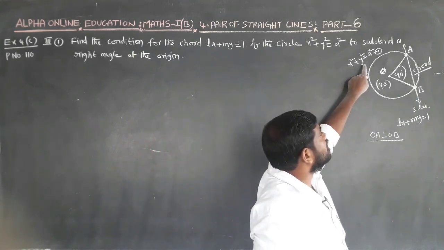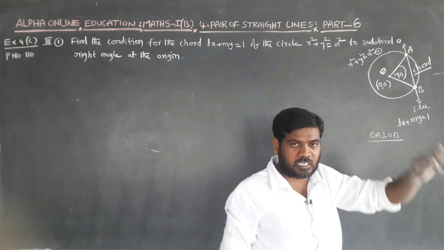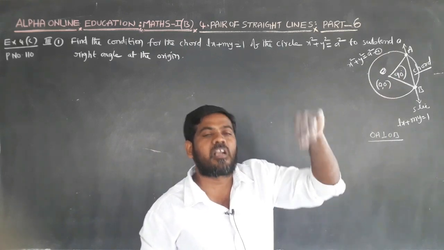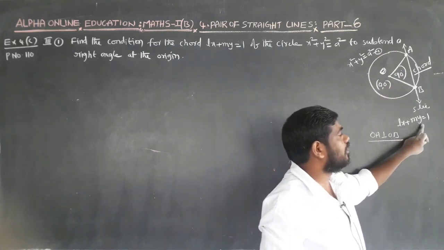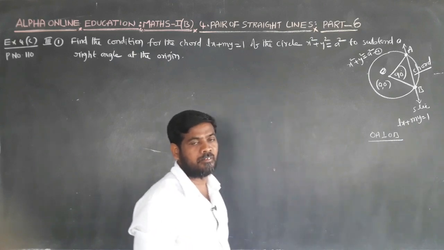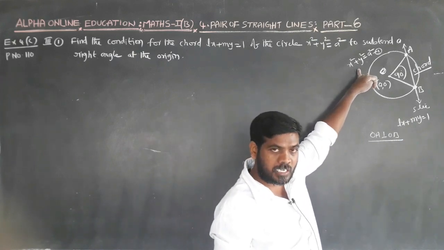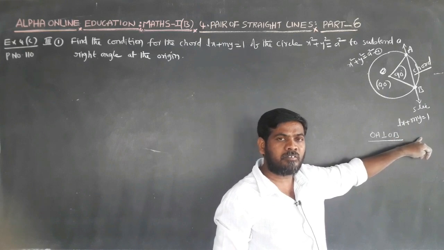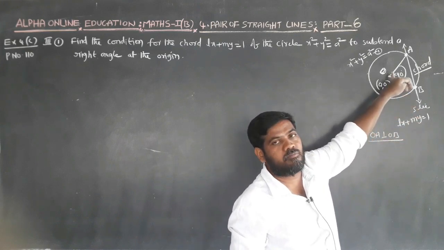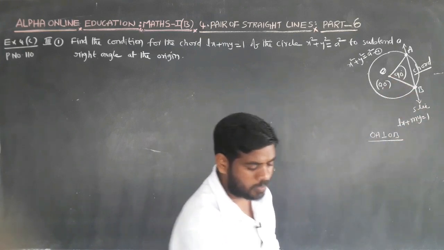Here x square plus y square equal to a square is the circle, the curve, and Lx plus My equal to 1 is the line. Homogenizing the circle with the help of the line, we find the equation of the lines OA and OB.